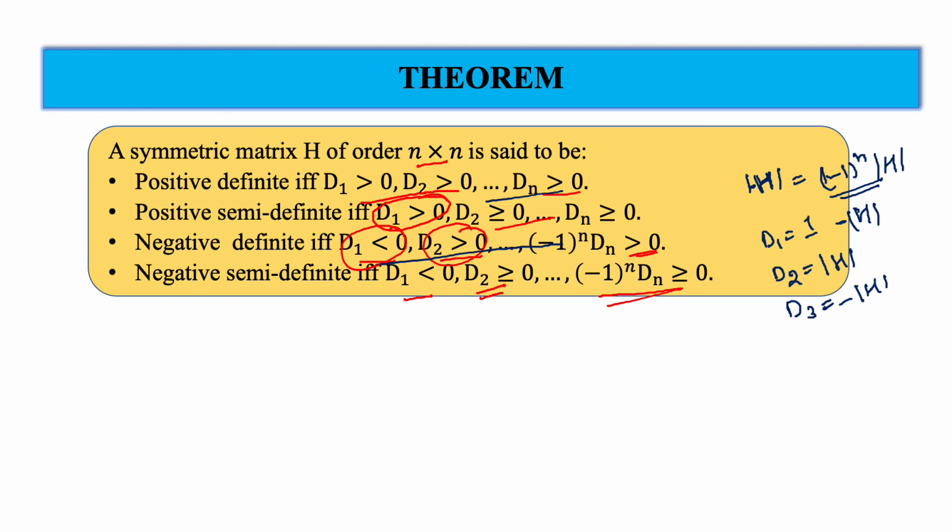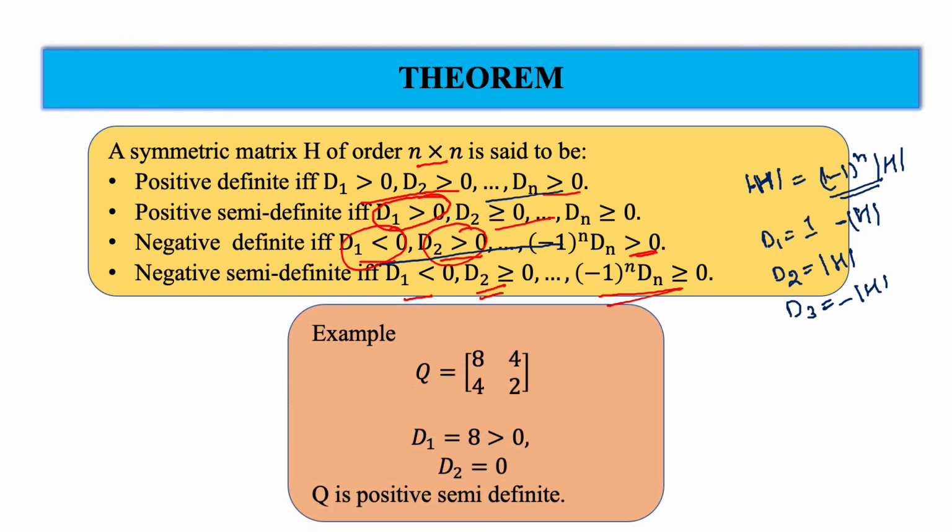So let us try some examples based on this. We take the definiteness of matrix Q. Suppose Q is the matrix 8 4 4 2. What will be D1 here? D1 will be 8, which is of order 1 by 1, and is strictly greater than 0. What is D2?